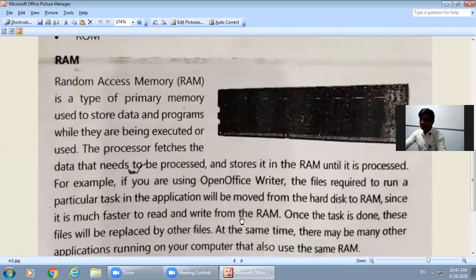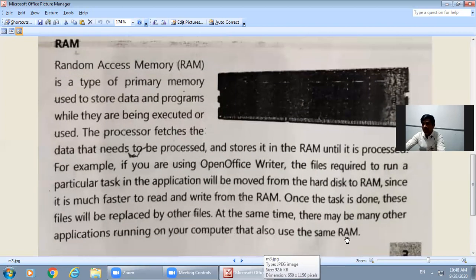So once the task is done, this file will be replaced by another file. Replaced by another file means you have to save that file into another name. At the same time, there may be many other applications running on your computer that also use the same RAM.